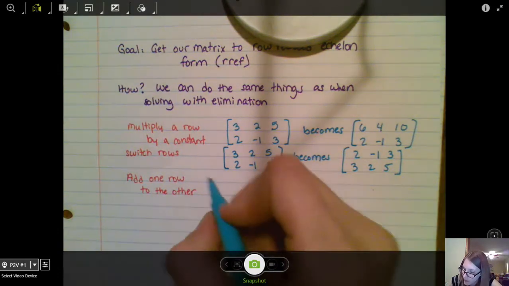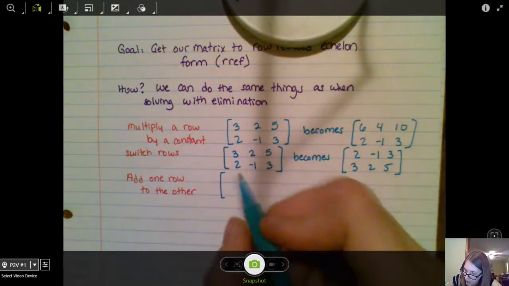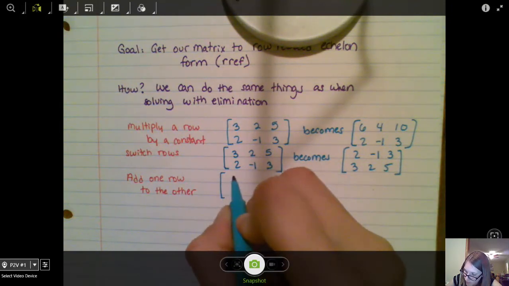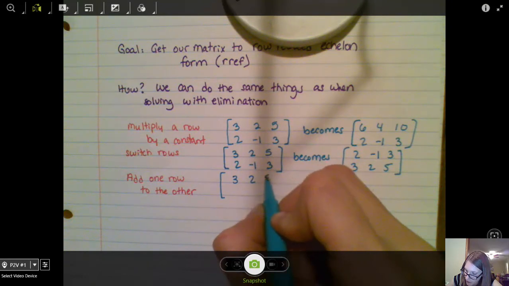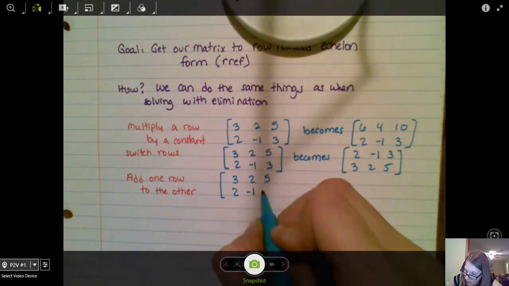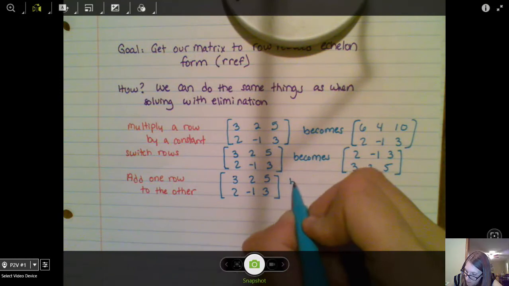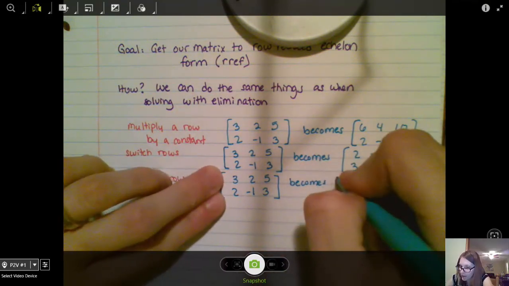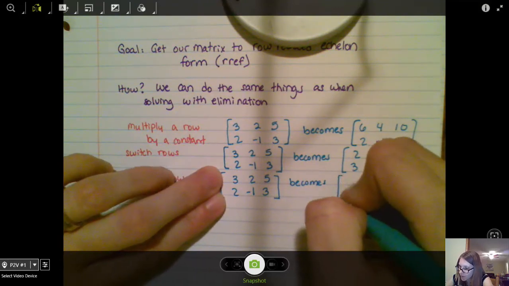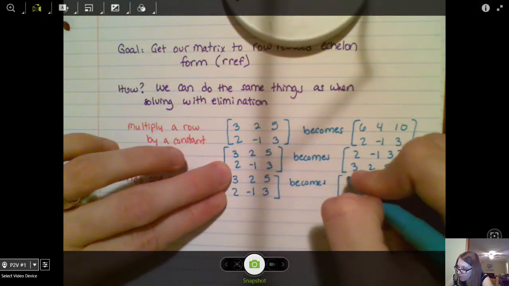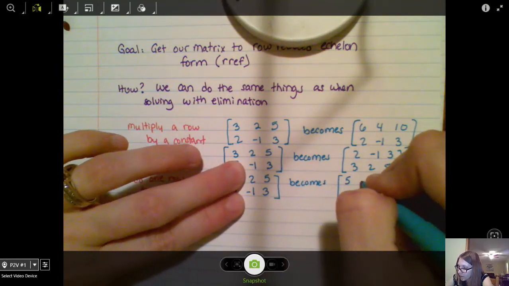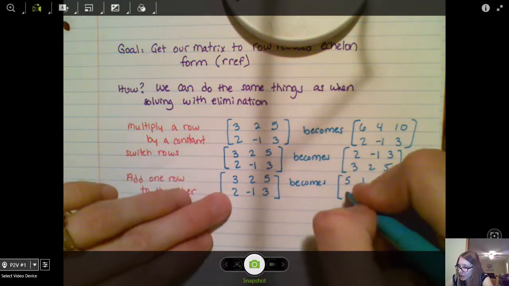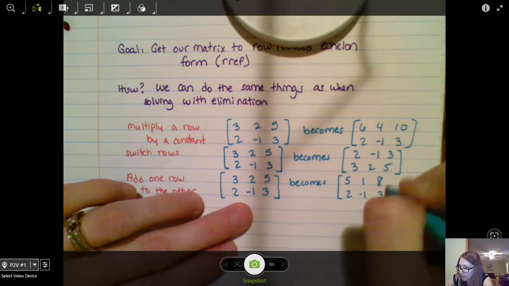Let's say I stick with that original matrix, 3, 2, 5, 2, negative 1, 3. If I add my rows together, what happens? 3 plus 2 is 5. 2 plus negative 1 is 1. 5 plus 3 is 8. That top row changes, the bottom row stays the same.